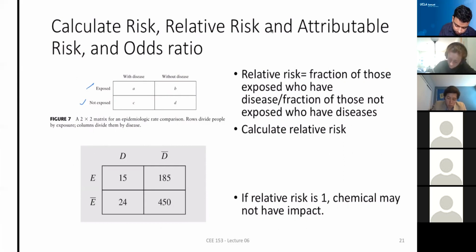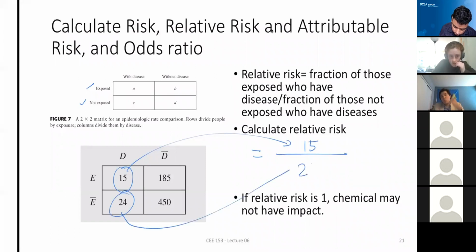So relative risk here would be the fraction of those exposed who have disease. That's 15 here. And the fraction of those not exposed who have disease, which is C. They have disease even though they are not exposed. So this is called relative risk.